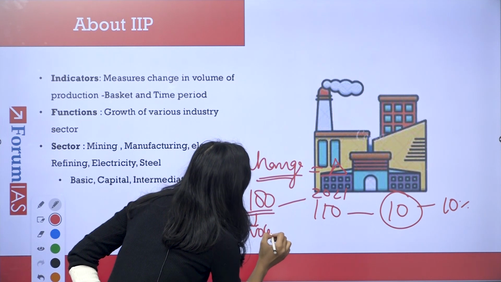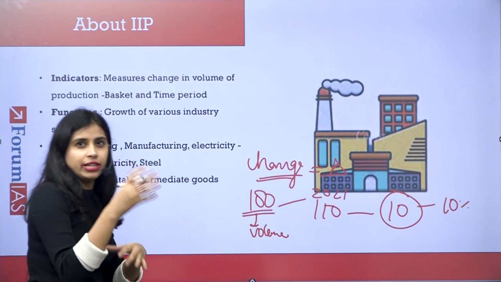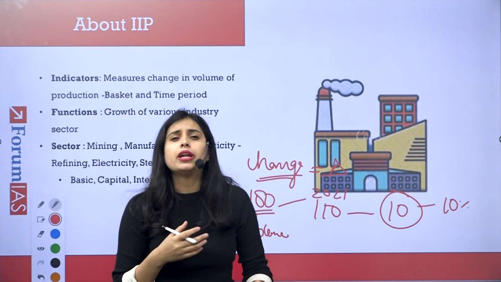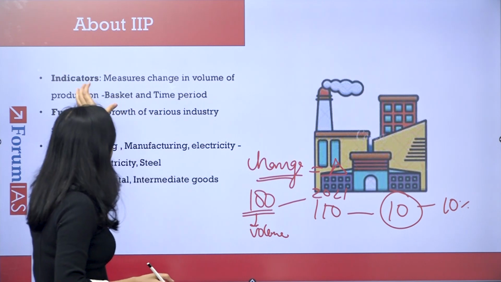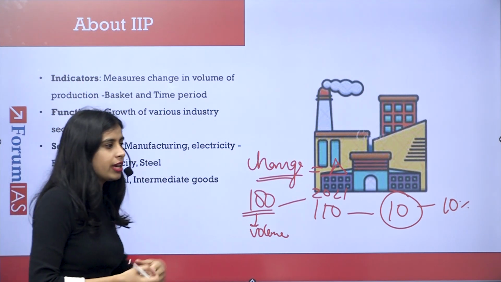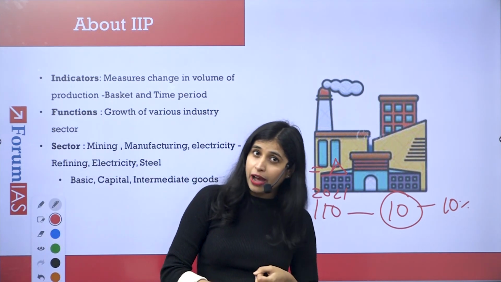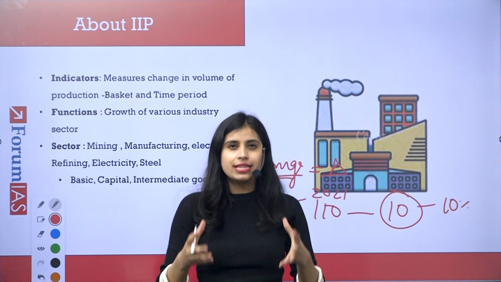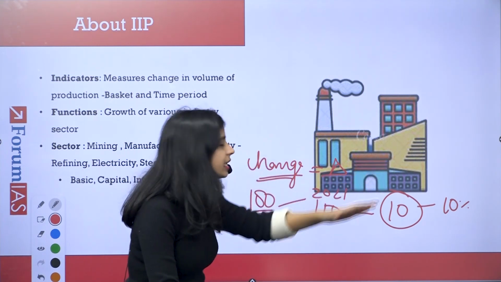They are measuring the change in volume of production over a given time period and basket. The time period is usually 6 months or 1 year here. So over a given time period and with a given basket, the change is measured. Given basket means they will see the growth of the cement industry, the refined products industry, the growth of coal, etc. So the basket is fixed. On the basis of this, growth is seen in IIP.